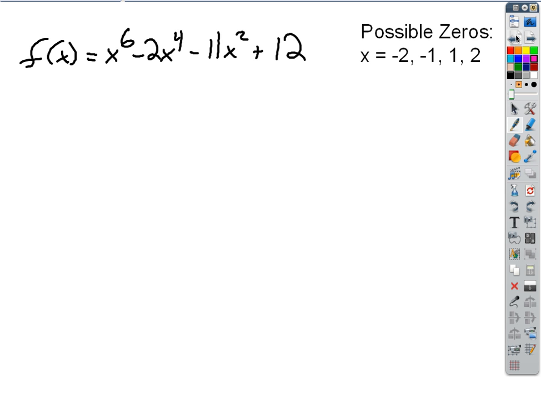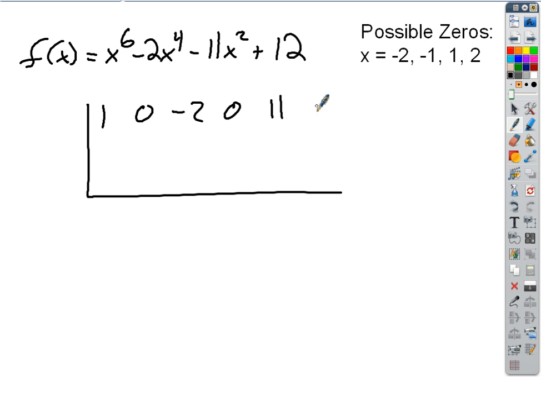Now, what would be the easiest way to check? Plugging them in synthetically, right? We could run these through synthetically. I could make a synthetic bracket, and we've already done this, right? That was a 1, a 0, a negative 2, a 0, 11, 0, and 12. And if these are going to be zeros, what has to be the number in the remainder box?